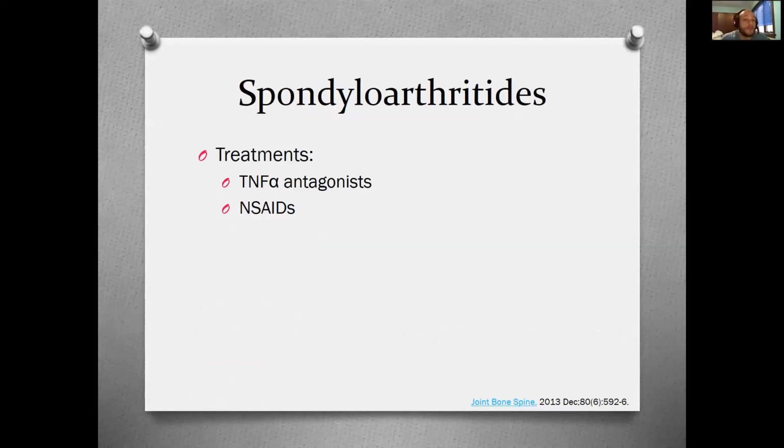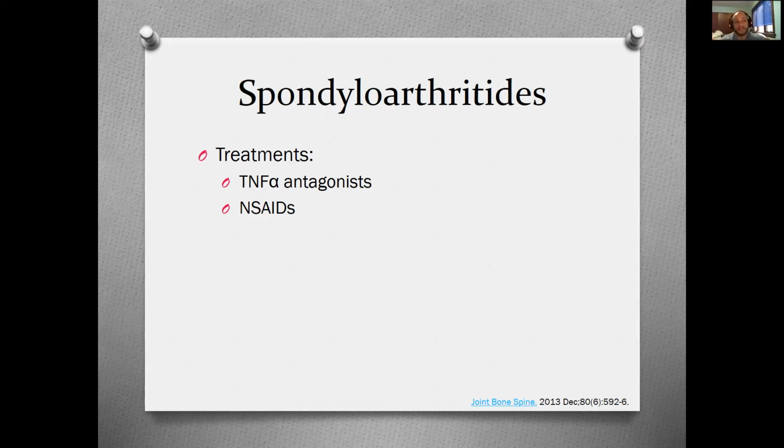So typically spondyloarthritis, I'm not going to get into this too much because it's not really the purpose of my talk, with ankylosing spondylitis and things like that. But typically how we can treat these is with rheumatologic agents, like TNF alpha antagonists. So here we think about Humira, Enbrel, Remicade, Simponi, some of these monoclonal antibodies, which can help to prevent the progression of these diseases, even though it's not going to reverse them.